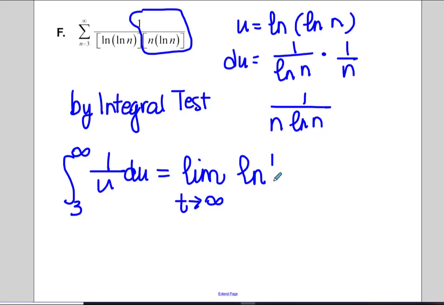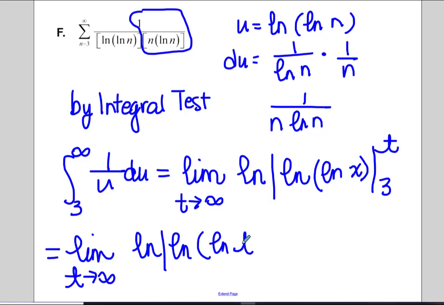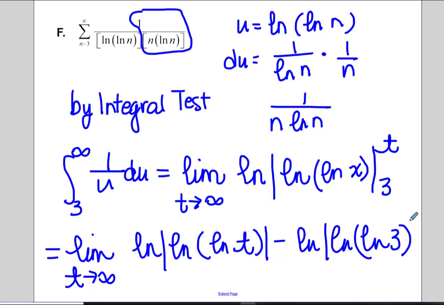Natural log of my u, natural log of x from 3 to t, which is the limit as t approaches infinity for natural log of t minus natural log of the natural log of 3.